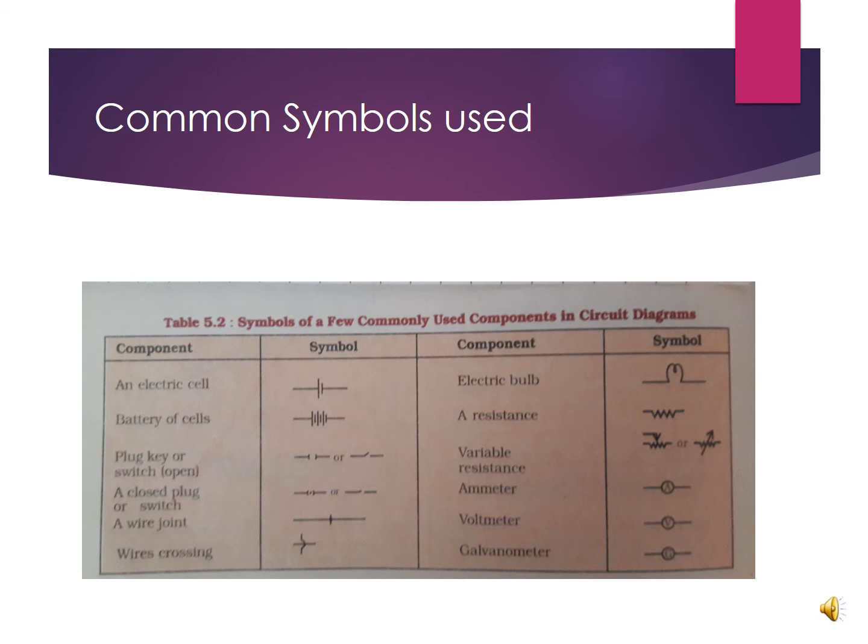So, here in this table, we can see the symbols of a few commonly used components in circuit diagrams: electric cell, battery, plug key, closed switch, open switch, wires, electric bulb or resistance or resistor, variable resistance, ammeter, voltmeter, galvanometer. These symbols you can see in the NCERT book also. It's given from the NCERT book.